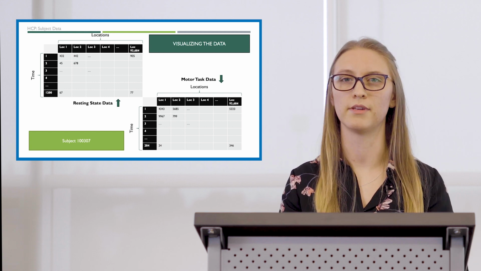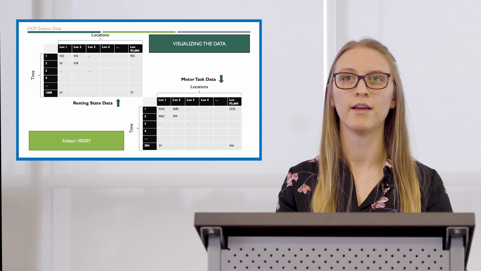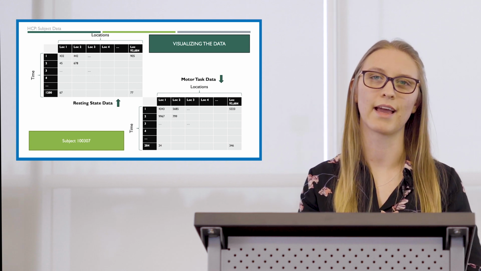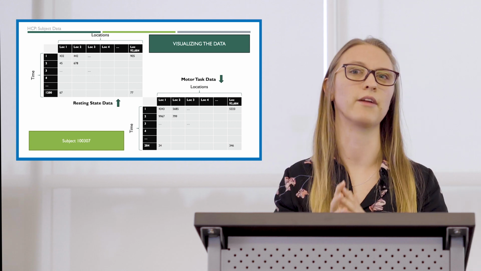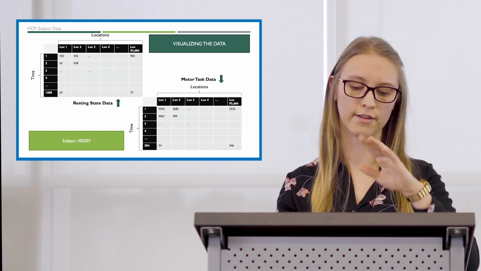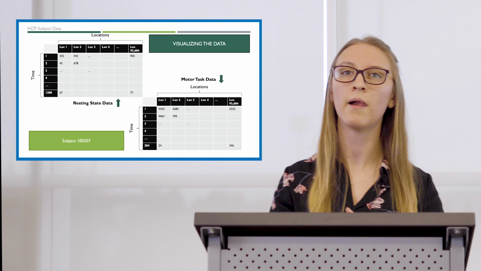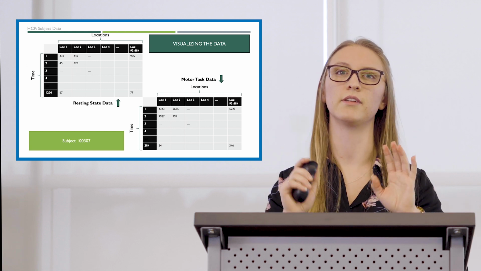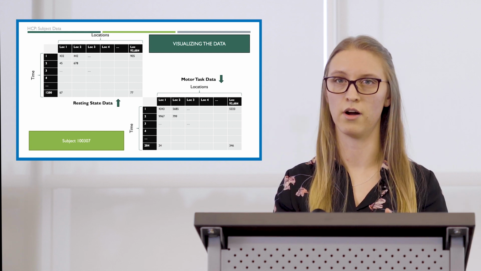So choosing the simplest task seemed like the best idea in terms of not having to necessarily account for super complex brain functions that are going on to then be able to analyze background connectivity. So I'll talk about that more a little bit later, but this is just a visualization of the data that I'm doing all my research actually on.